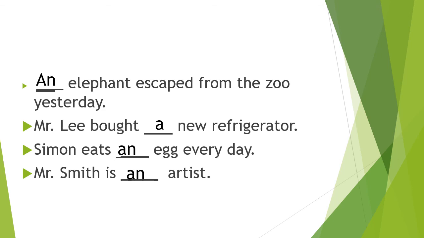Mr. Smith is an artist. Kate has dash teddy bear. What comes here? A. Because teddy bear has consonant sound T, and so we will add a in this particular blank. Kate has a teddy bear.